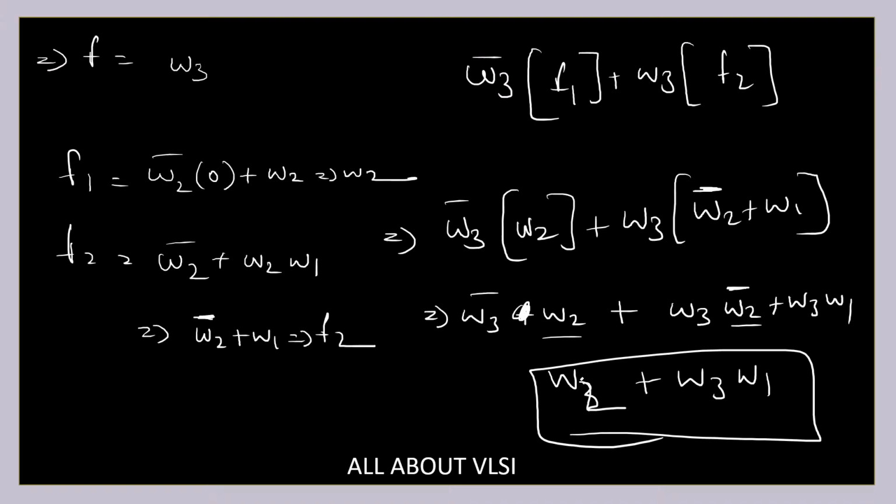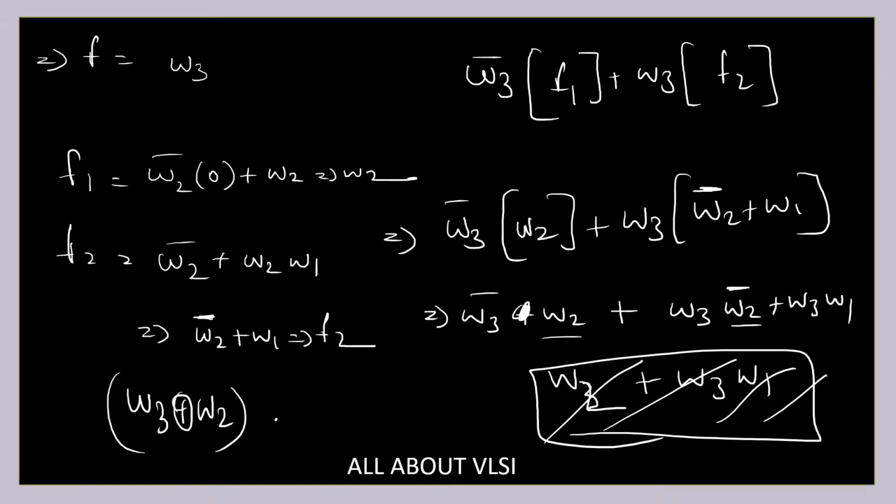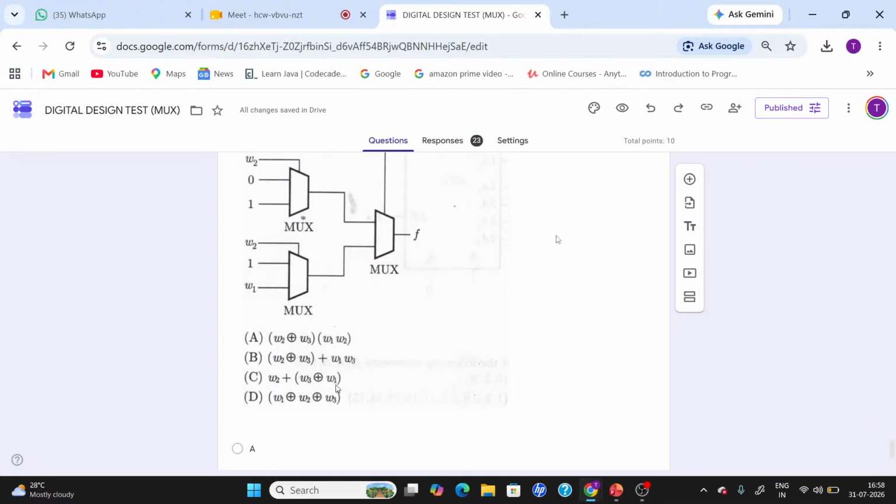So this will be W3 XOR with W2 plus W3 W1. This is our answer. Do we have some kind of answer like that?